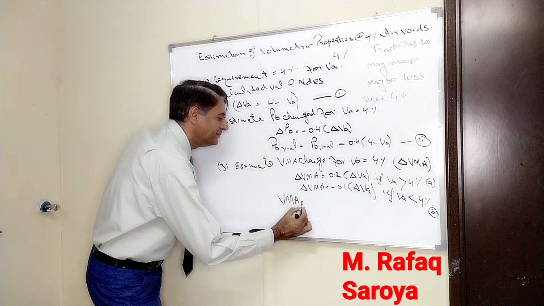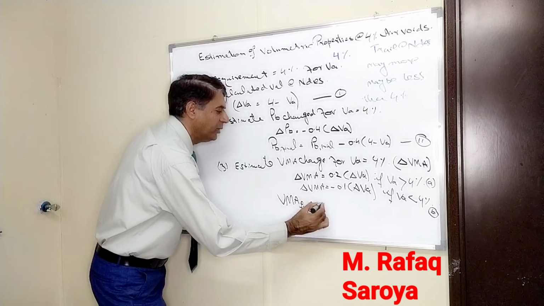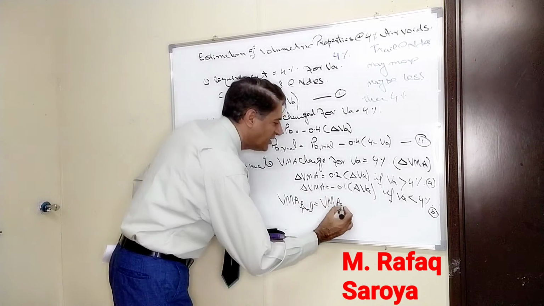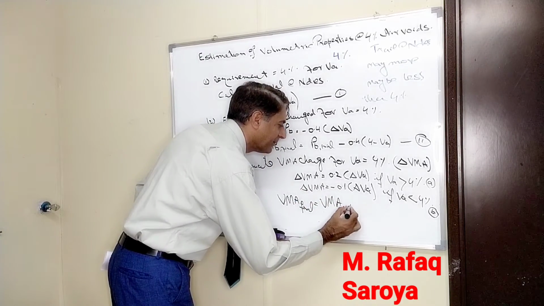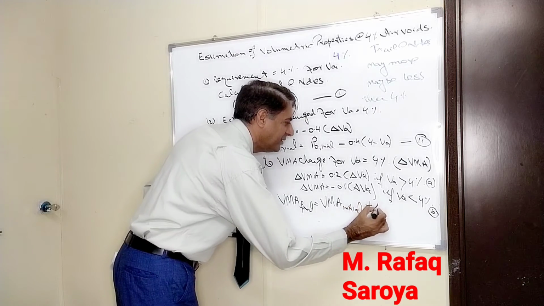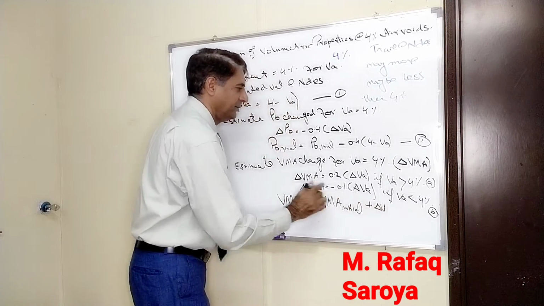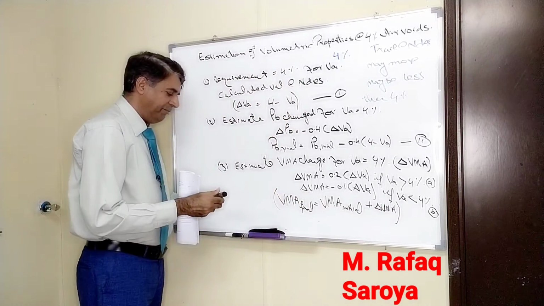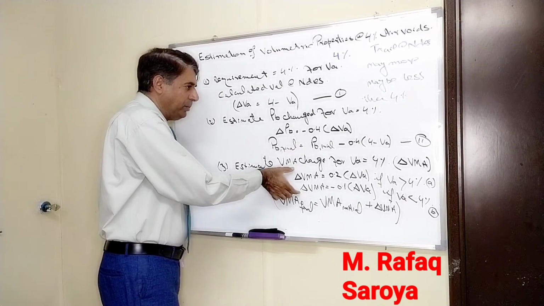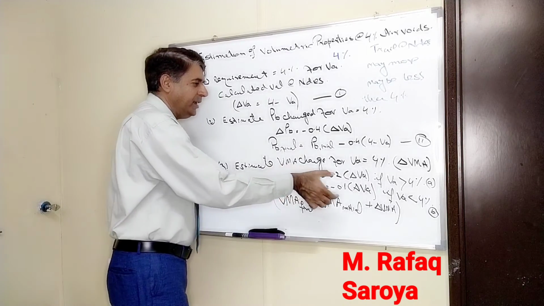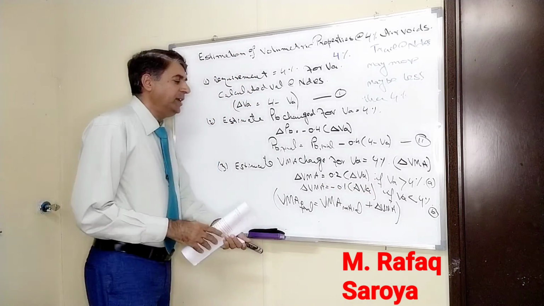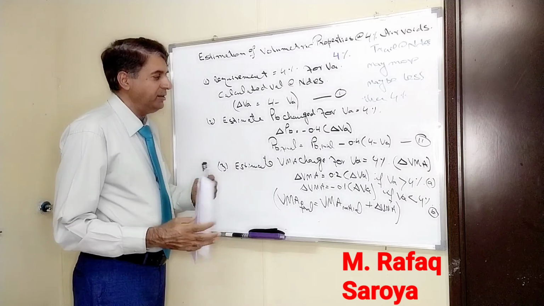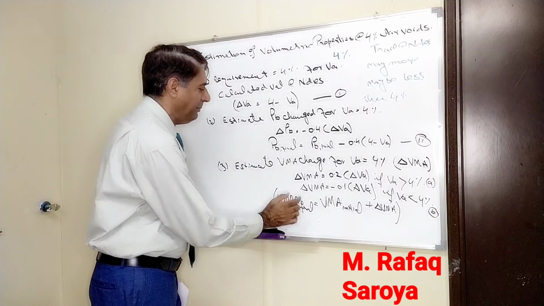VMA final would be equal to VMA, which we have calculated at the initial stage, plus this delta VMA. Whatever value is computed from A and B, if we put this value in this equation, whatever value comes is our VMA final.